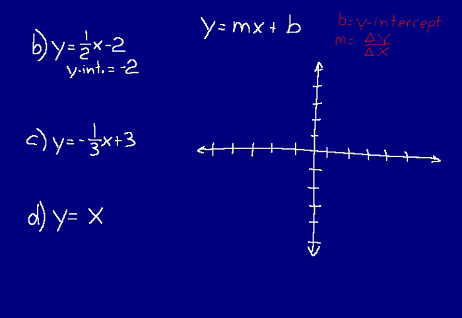And then the 1/2, that tells us that's the slope, and so we'll just say delta y over delta x is equal to 1/2. I like to write delta y over delta x instead of m because that helps me remember that it's a fraction and I have to move a y direction as well as an x direction.